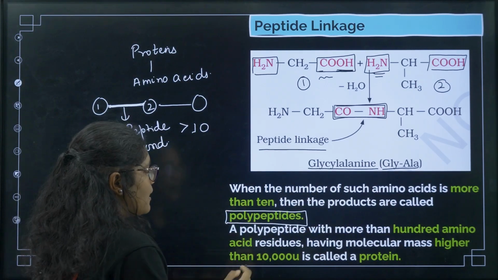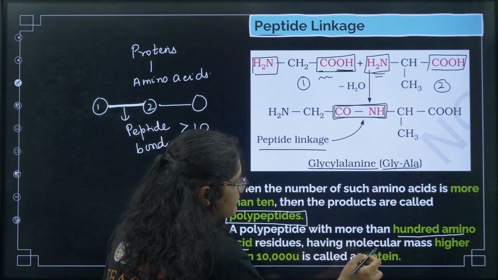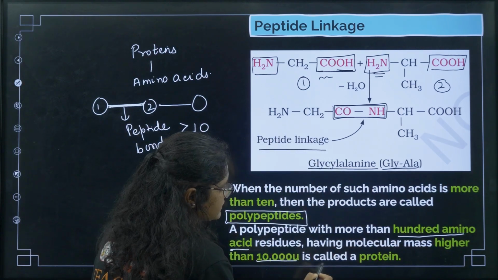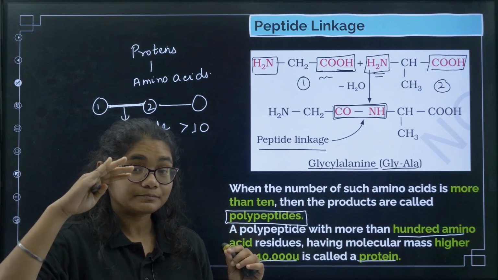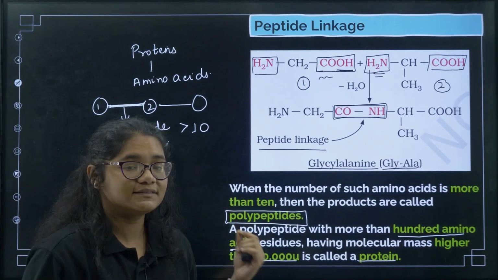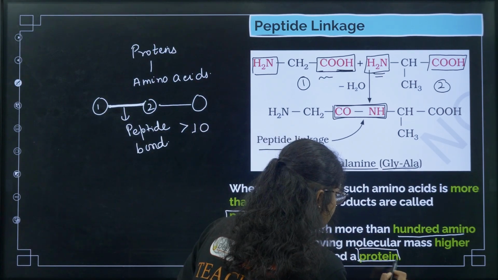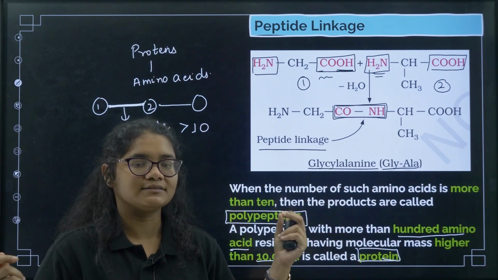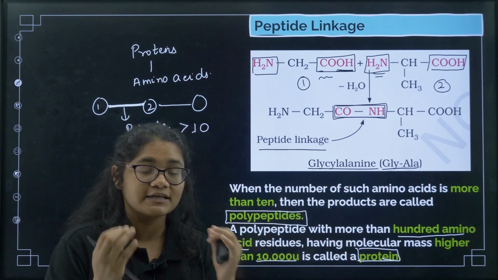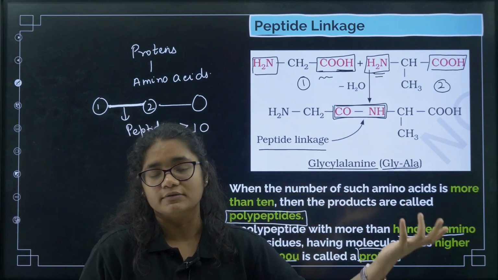Now a polypeptide with more than 100 amino acid residues having molecular mass higher than 10,000 is called a protein. More than 10, polypeptide. More than 100 and mass around 10,000 or more, then we will call it a protein. So proteins are those chains of amino acids where the number of amino acids is more than 100 and the mass is more than 10,000 u.